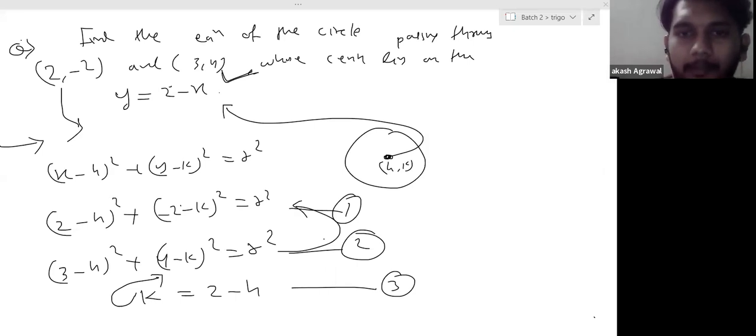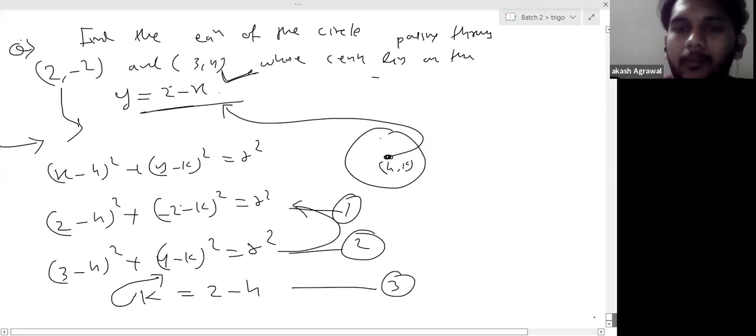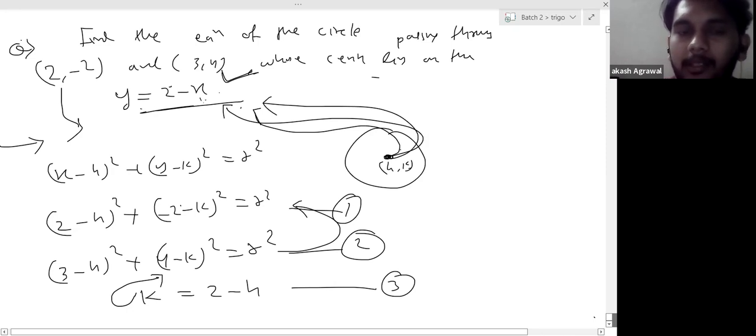Last step. All right. See, they are saying whose center lies on the line. We have the coordinates of the center h comma k, right? And this point lies on this line, so this point satisfies this line. Put this value in the equation: k in the place of y, h in the place of x. We'll get the answer.